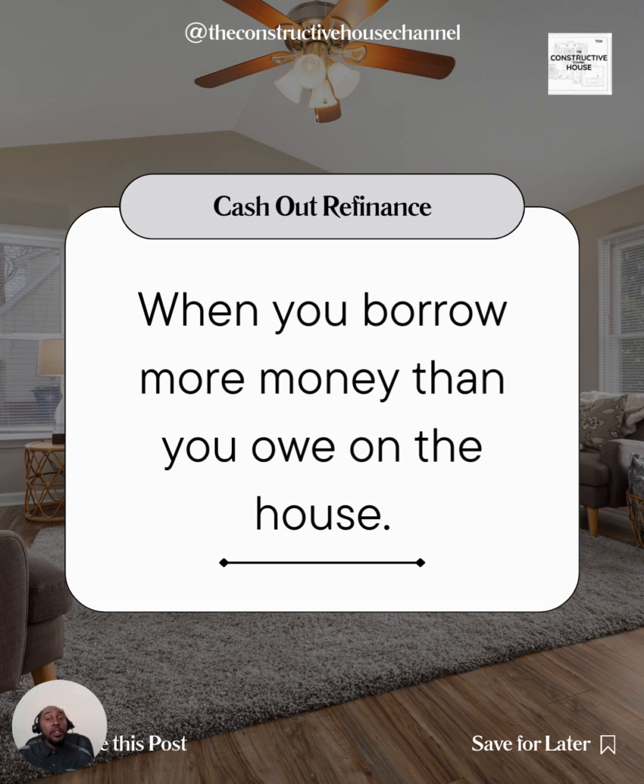As always, you want to consult with your mortgage professional to determine, one, your qualifications, as well as if this is the best fit option for your financial situation. But a cash out refinance is simply a new loan that you're taking out for more than what your old loan was, and you're using the equity, the ownership in your home, to do it. Simple enough.